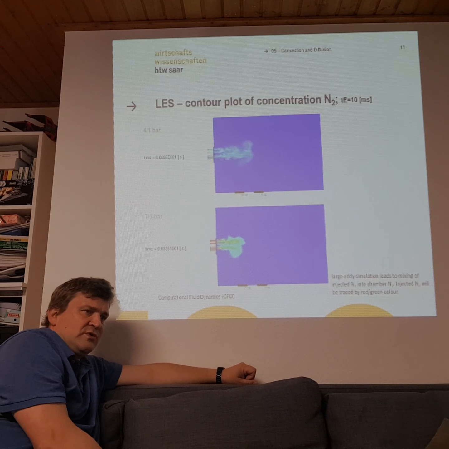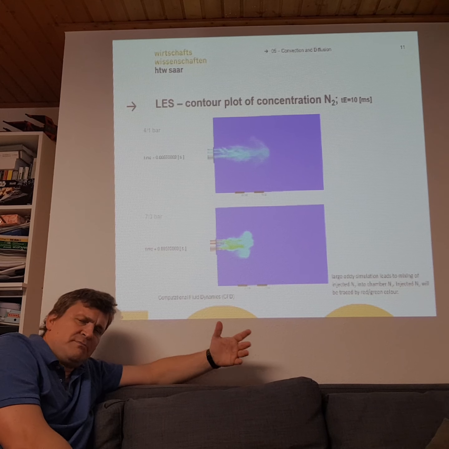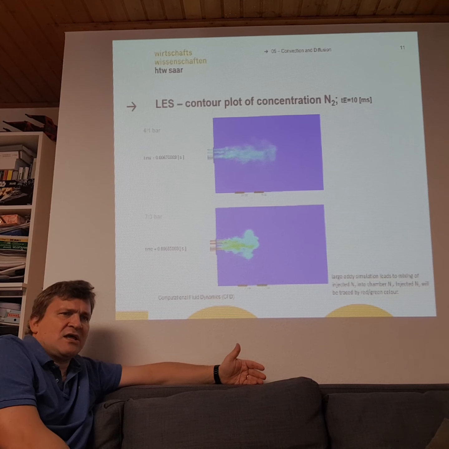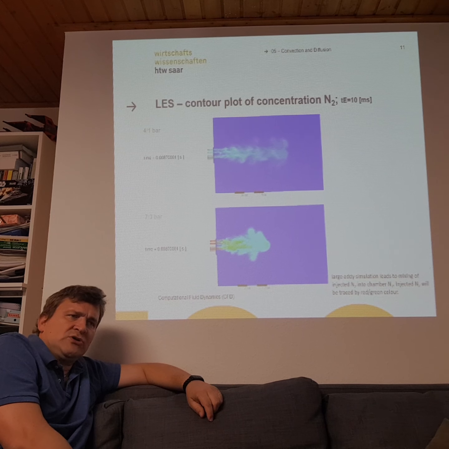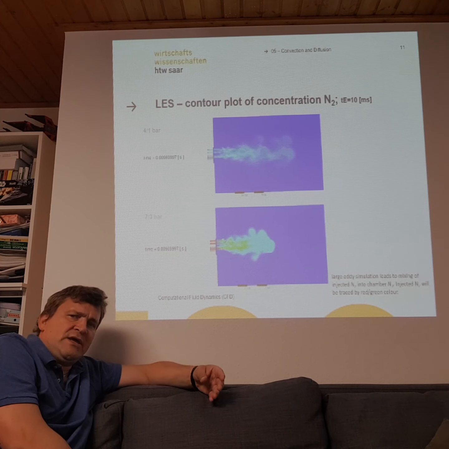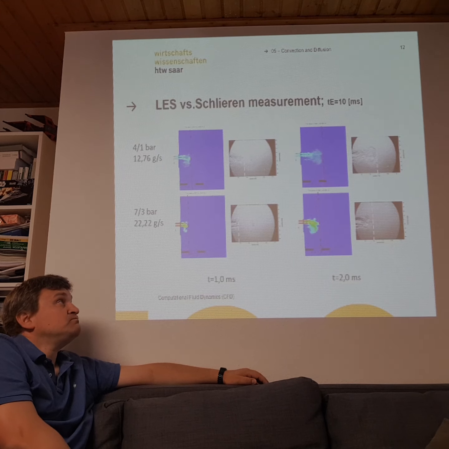But of course we never use the large eddy simulation because it's a bit more complicated to make this kind of simulations. Here in this module we only want to do SST or K omega or K epsilon simulations.